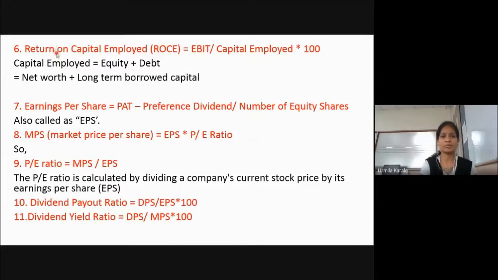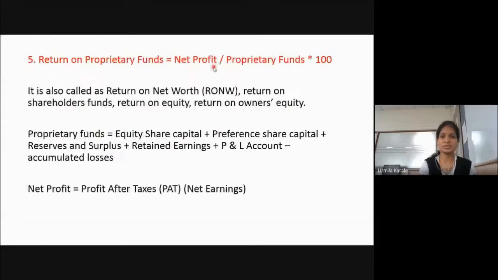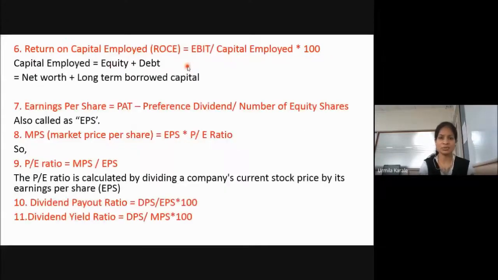Return on capital employed. When we talk about capital employed, now just try and understand what is the difference between this and this. Here we are only considering owners funds. When we talk about capital, that capital may be made of owned as well as borrowed funds. So here only how much is the owner's funds, on that how much net profit you're getting, that is what we are finding out.